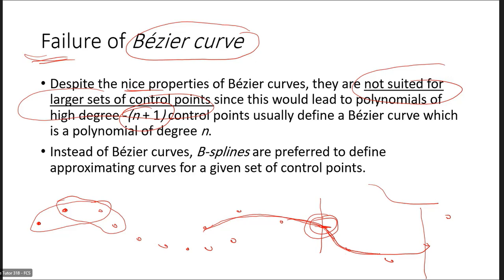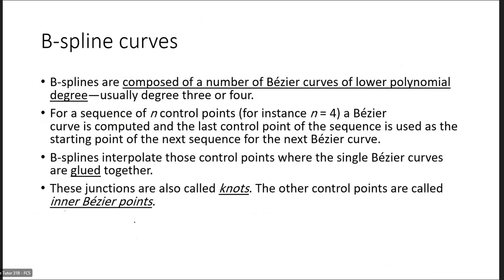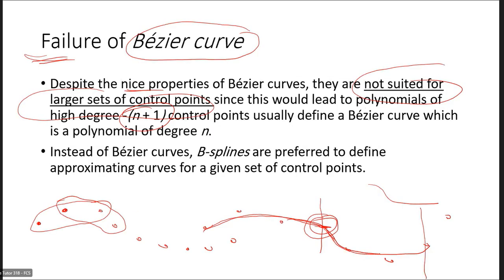The third Bezier curve will start from this point. Then we move to the next 3 points to make another Bezier curve, and we join the different Bezier curves together. So this is what B spline means.